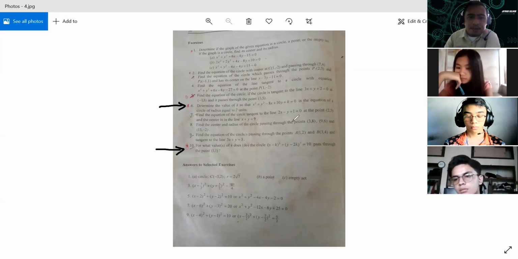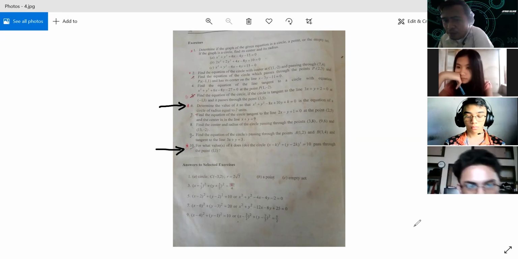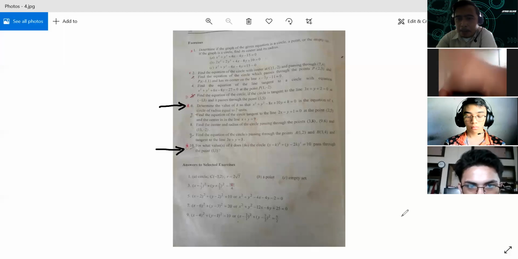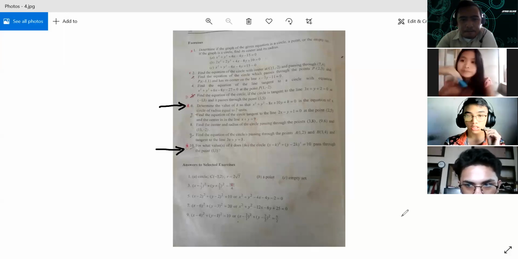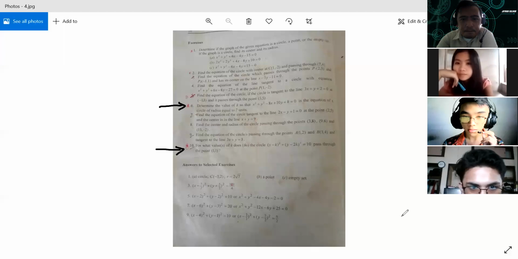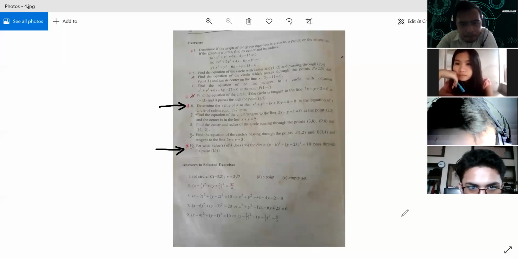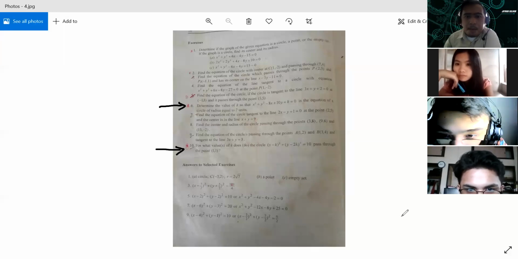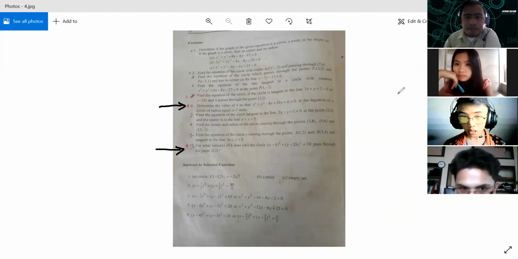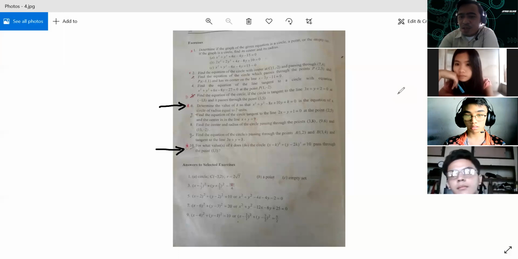Okay, let me read. Can I ask Geoffrey, can you read number 6, please? Yes, sir. Number 6. Determine the value of k so that x squared plus y squared minus 8x plus 10y plus k is equal to 0 is the equation of a circle of radius equal to 7 units. So yun na, class.